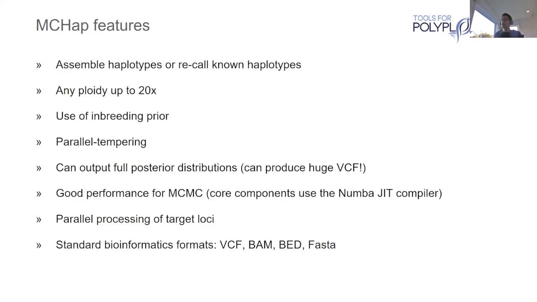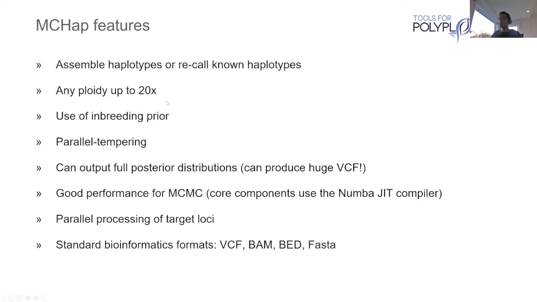So just a quick summary of the features that are available so far. And as I say, the documentation is a bit minimal at the moment, so we are hoping to improve that. But we have 2 basic tools in there to assemble haplotypes from scratch or to recall genotypes from a set of known haplotypes.